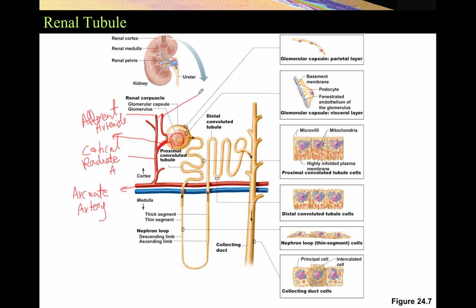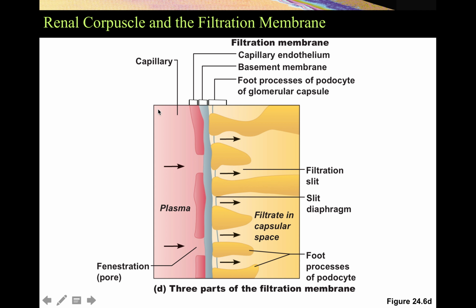And this branch is referred to as the efferent arteriole. Remember, we learned about the afferent and efferent when we talked about the lymph node, right? Afferent brought in the lymph and the efferent took it away. Similar concept applies here. The difference would be that we would get blood instead of lymph. So the afferent arteriole is bringing blood to the glomerulus, and the efferent arteriole is taking that blood away from the glomerulus.